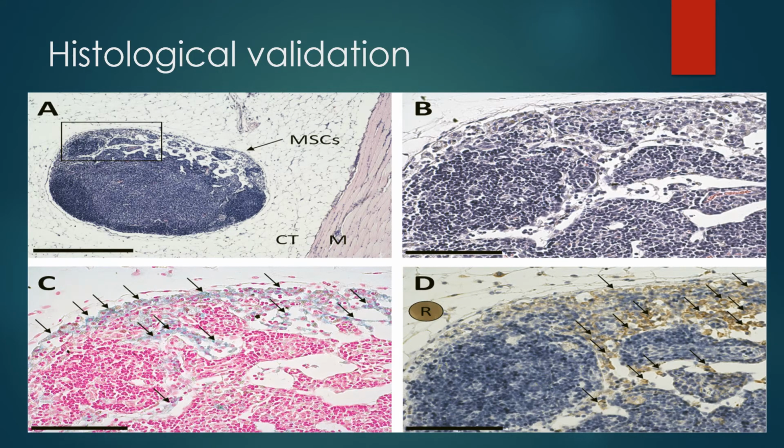And this slide is related to histological validation. Figures A and B are hematoxylin and eosin staining. A is 10 times magnification and B is 40 times. In picture C, the black arrows refer to the mesenchymal stem cells. And finally, in picture D, the black arrows point to infiltration of macrophages in the place of MSC cells.